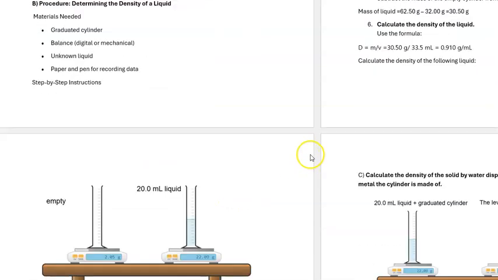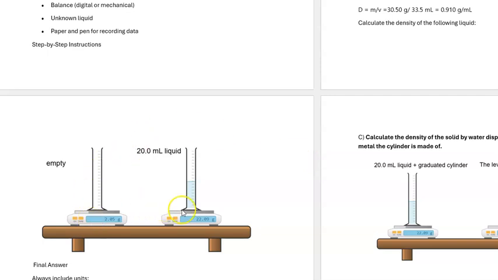And in the case of the liquid, well, first you see that the graduated cylinder empty weighs 2.0. And when you add 20.0 milliliters of the liquid, you see the weight. But all this weight is not because of the liquid.